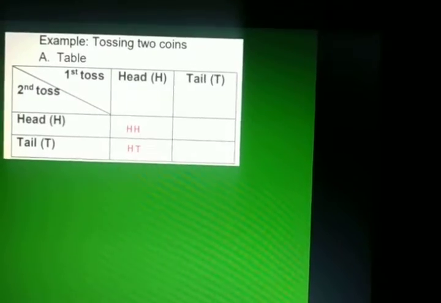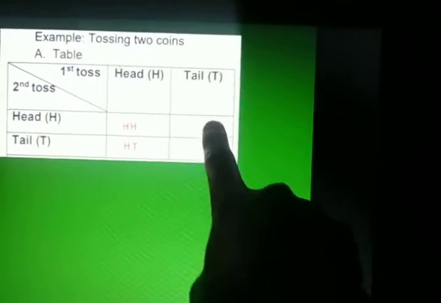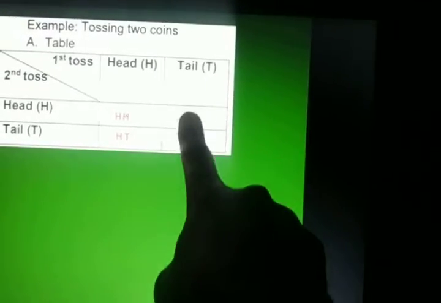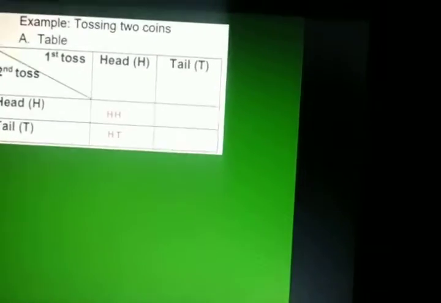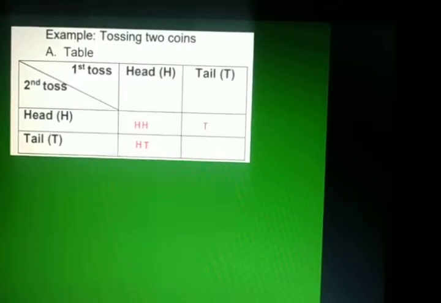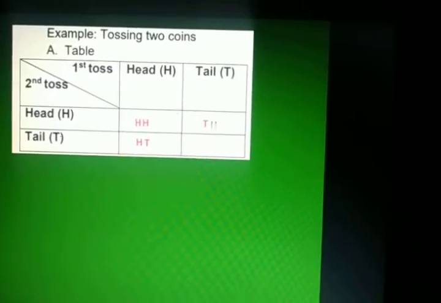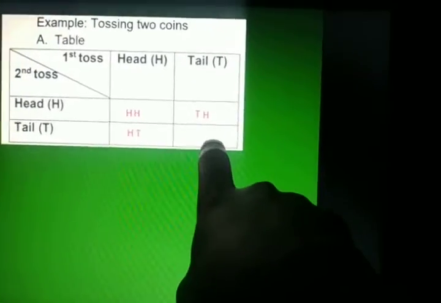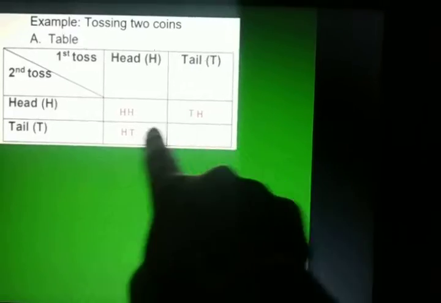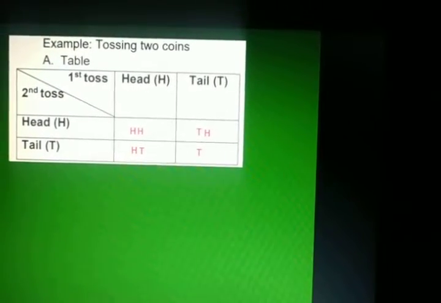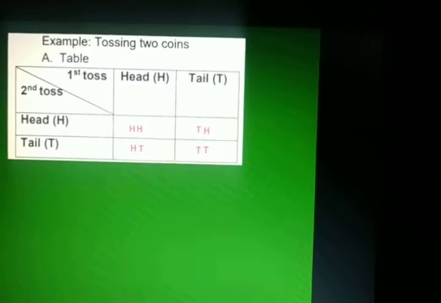We have HT. Next naman. Tail, head. So, bale, ang answer mo is from your first coin, tapos second coin. TH. T, then H. You got T and you got H. So, the last, we have tail and tail. So, duwa ka tail. Okay, there you have it.